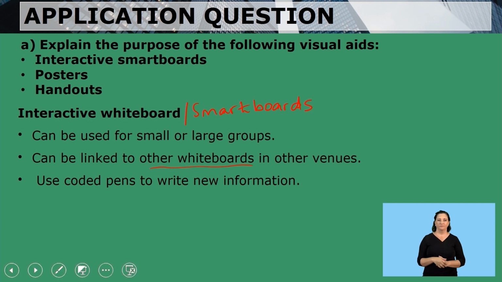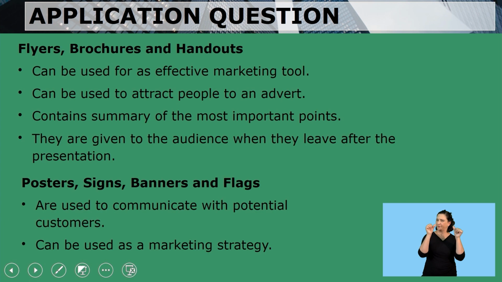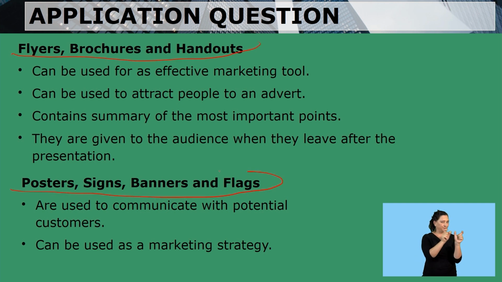All right, what is the purpose of a poster and a flyer or brochures and handouts? Remember, this falls under one umbrella. Flyers, brochures, and handouts can be used as an effective marketing tool.